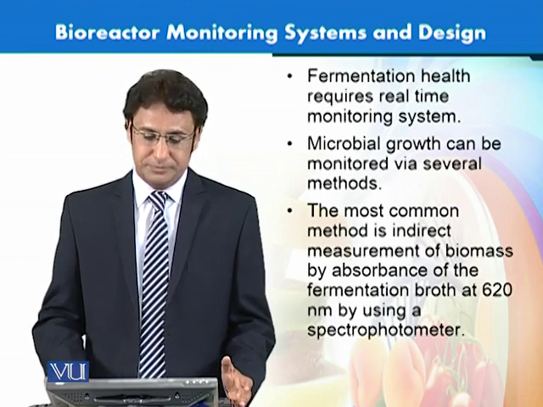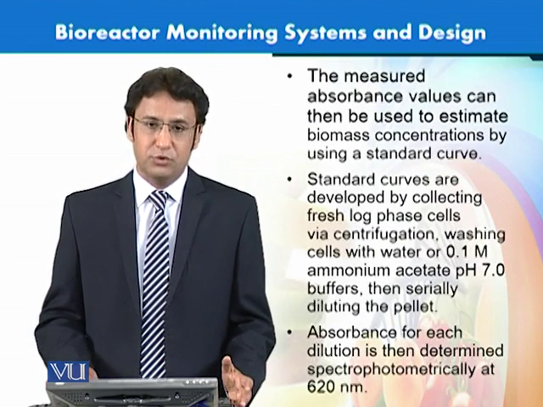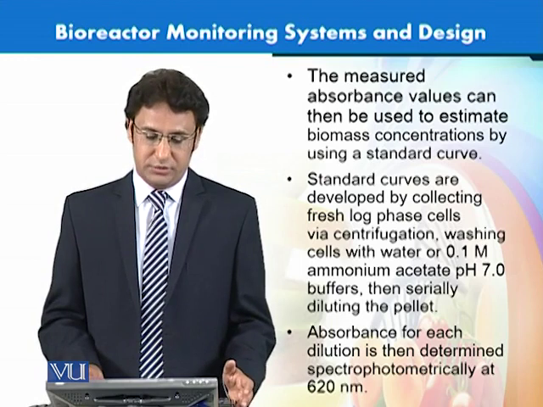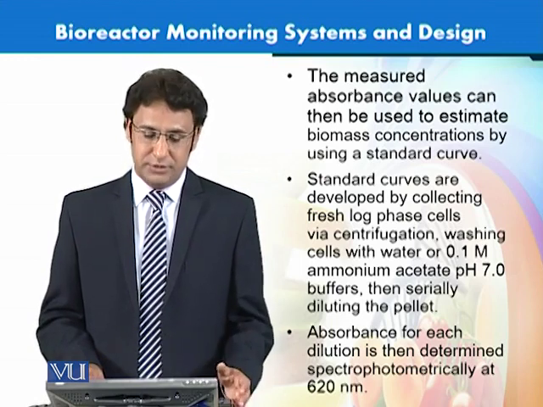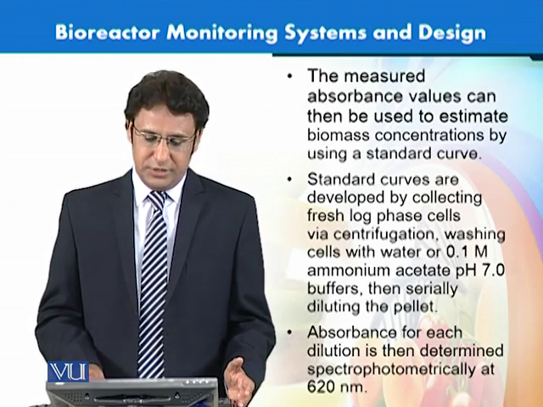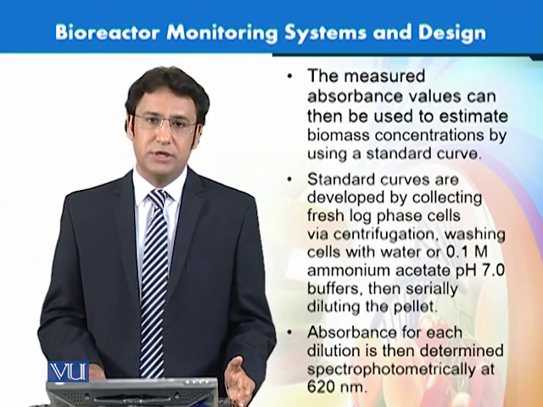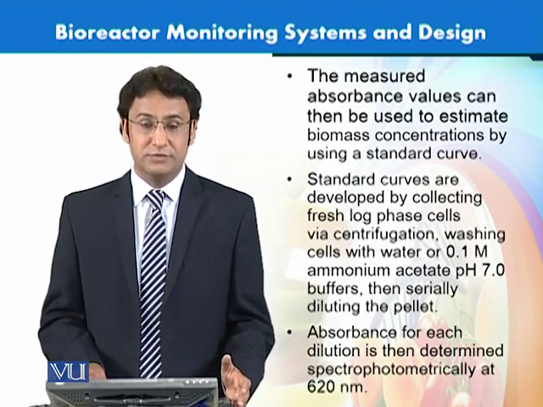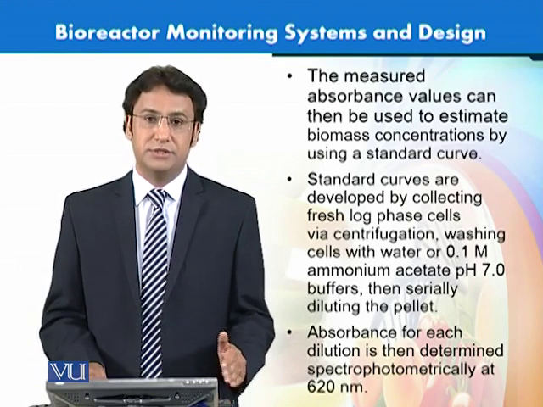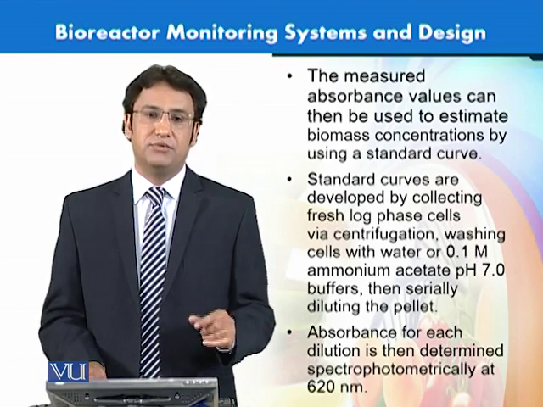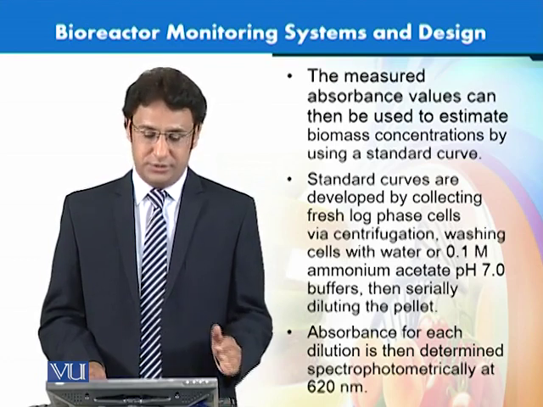This is a good way to quantify the microorganisms that are present and viable within these fermentation tanks. We make a standard curve first of all of these microbes, and look at the absorbance value at different concentrations on this standard curve.